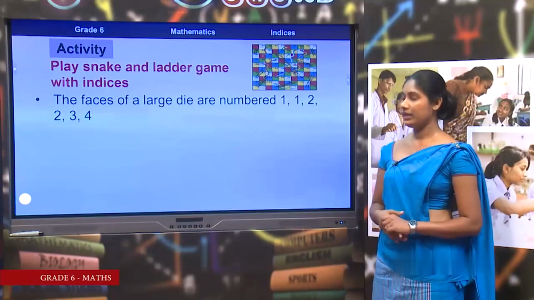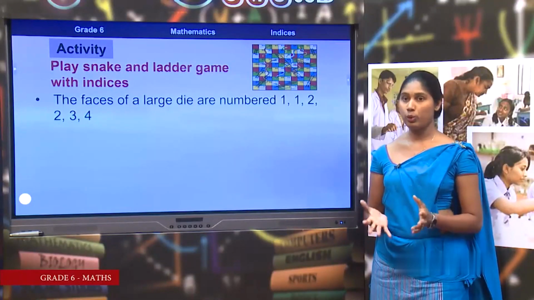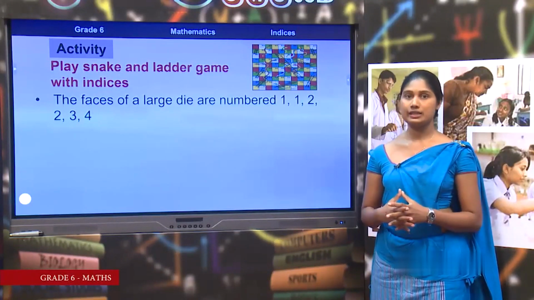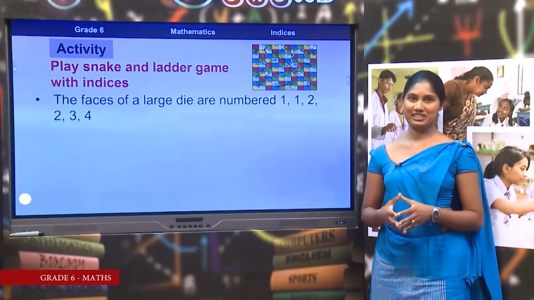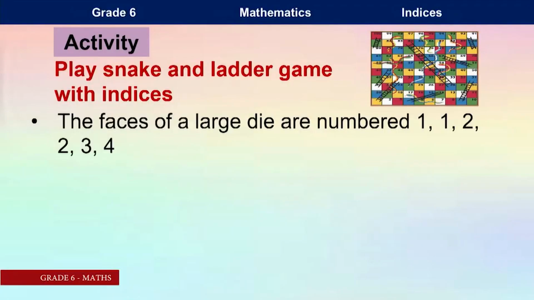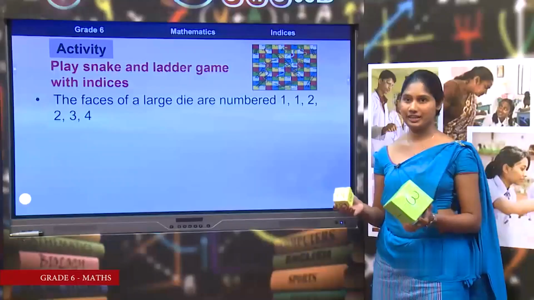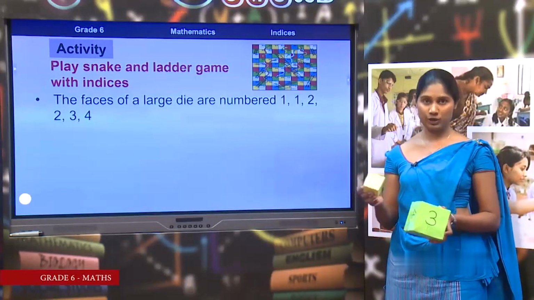Okay, my dear children, I am going to do an activity with you. Actually, this is a game. This is a snake and ladder game. Let's see this. I have bought 2 dice to do this activity. You can see there are 2 dice here, the largest one and the smallest one.